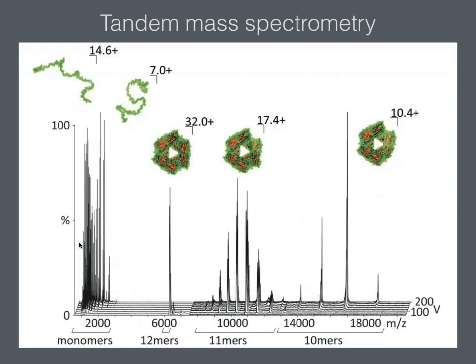The only take-home message I want you to get from this is that a protein that started off with a certain number of subunits, in this case 12, as we increase the activation energy, loses successive monomers to become an 11mer, having lost one subunit, and then a 10mer. If you look at the separation between peaks here and here and here, it's clearly much better having removed a couple of monomers. That's because the monomers carry away quite a large amount of charge with them. So on the m/z axis, you're then relatively decharged and your peaks are well separated.